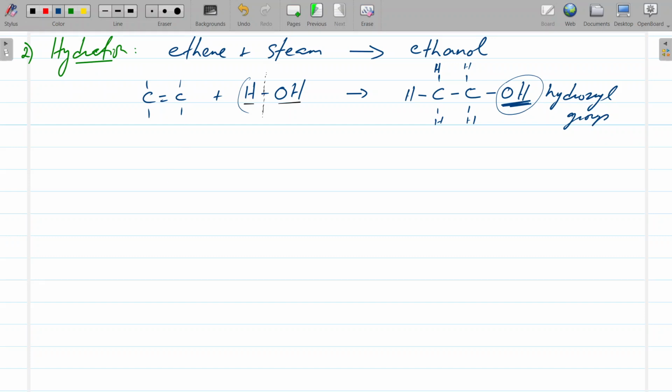So this is a second type of addition reaction. This is one way that industrially you can get alcohols, not the consumer alcohols, but the industrial alcohols like spirit and methanol and those antiseptics. It does say that it is used in the manufacture of ethanol.